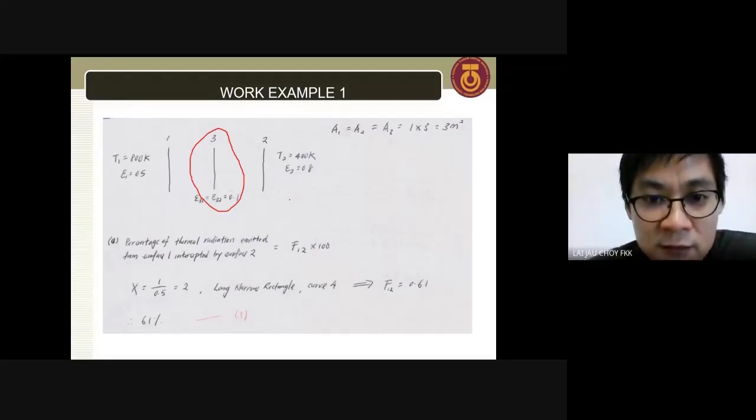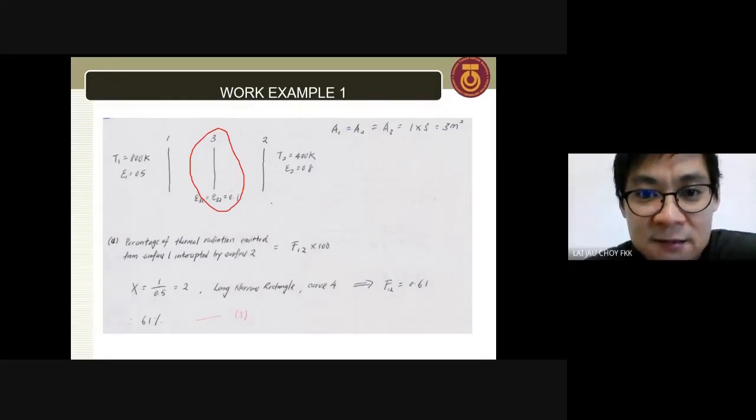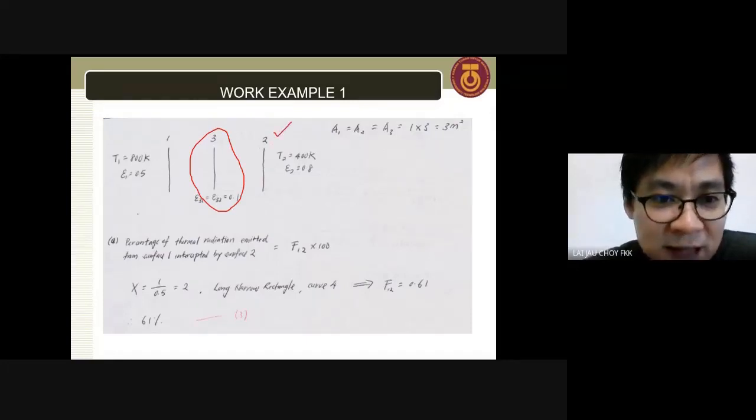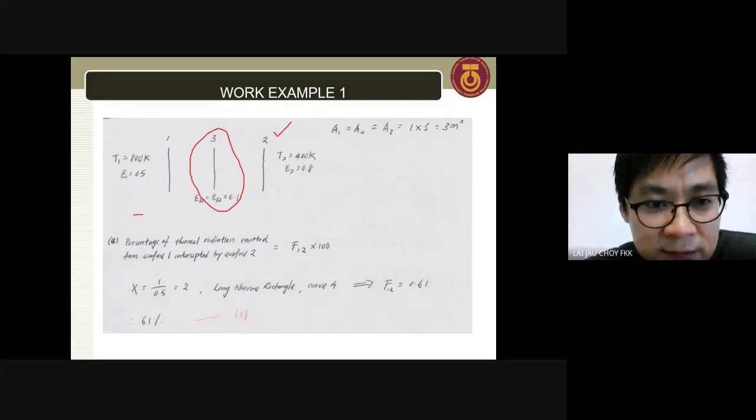I think he also did a good job in presenting the circuit diagram of the problem. So it's good if you draw something like this, then after that you construct a circuit diagram to represent your problem. So there are altogether 3 resistances.